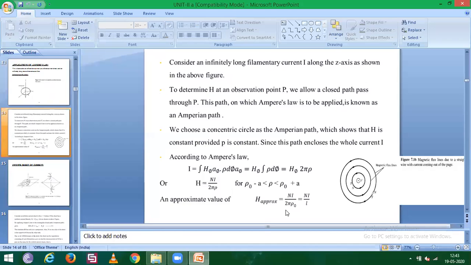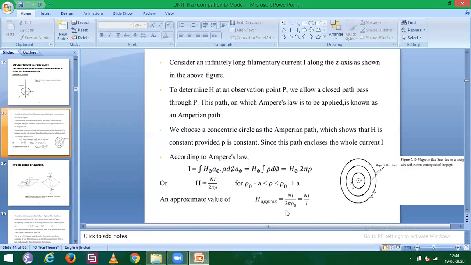Again, Ampere circuital law is convenient to apply for infinitely large current distributions, right? If it is a finite current distribution, then length comes into consideration. So for a limited length of the conductor, we should always use Biot-Savart's law.